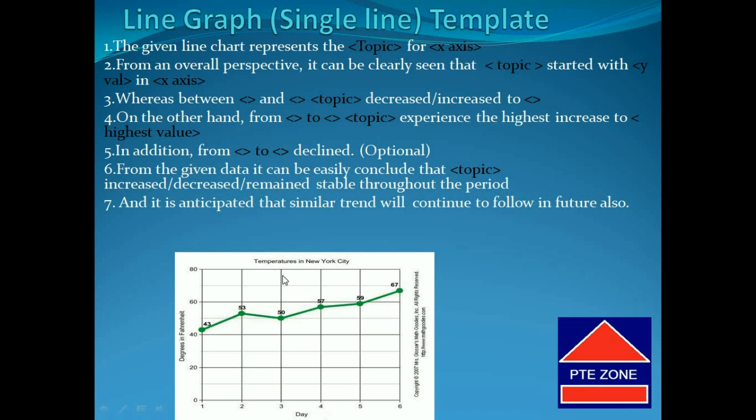On the other hand, from third and fourth day, temperature experienced the highest increase to 57. In addition, from fourth and fifth day, the temperature remained stable. From the given data, it can be easily concluded that temperature increased throughout the period, and it is anticipated that similar trend will continue to follow in future also.